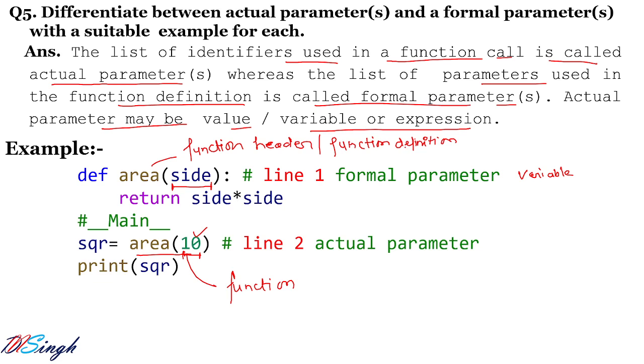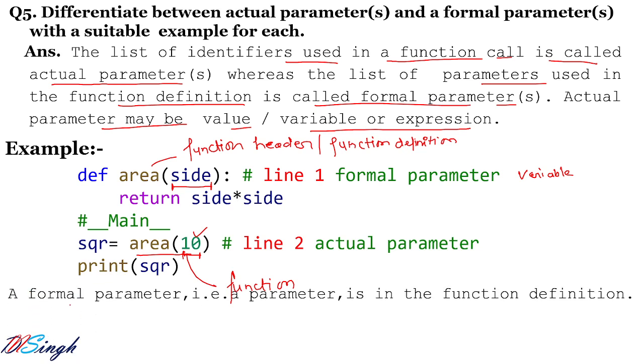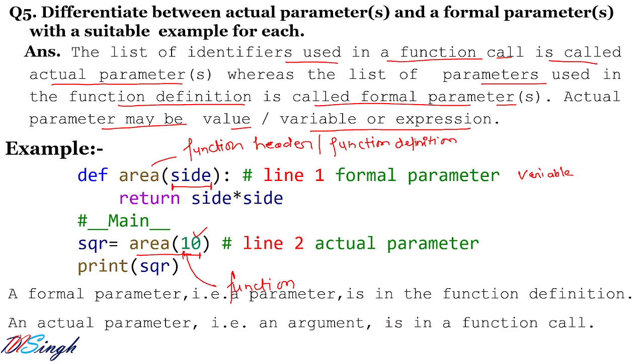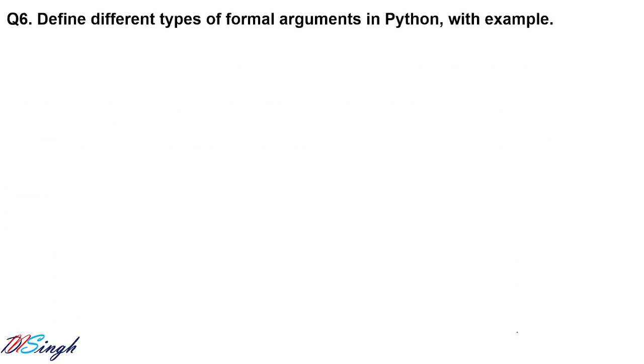A formal parameter is in the function definition. An actual parameter, that is an argument, is in the function call. Fine, let us move to the next question.